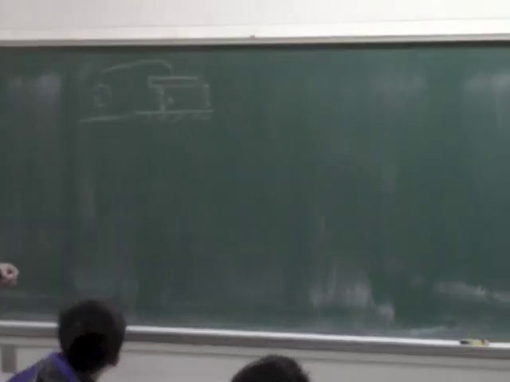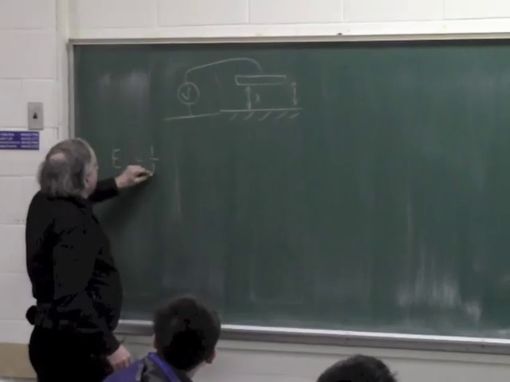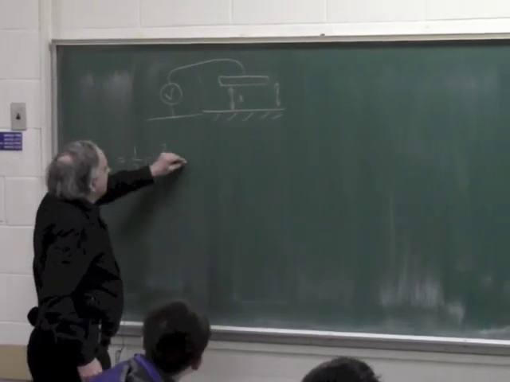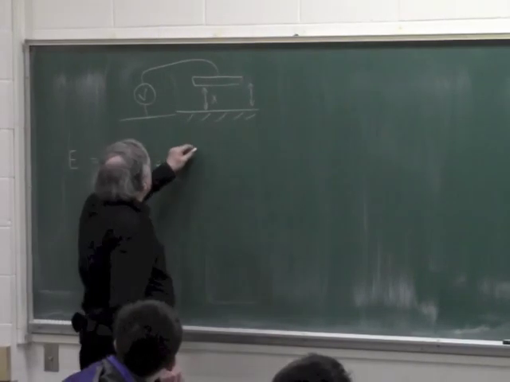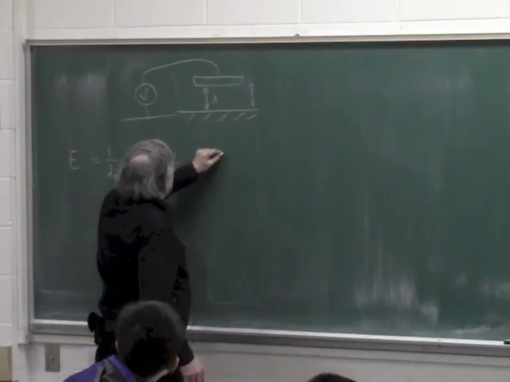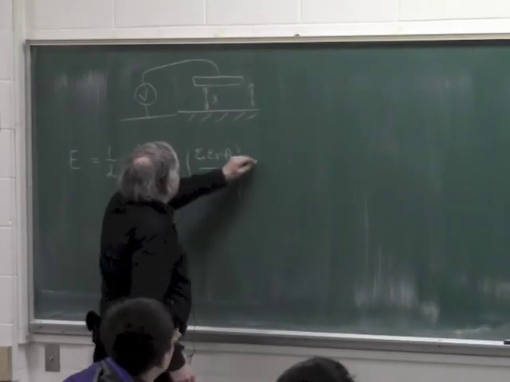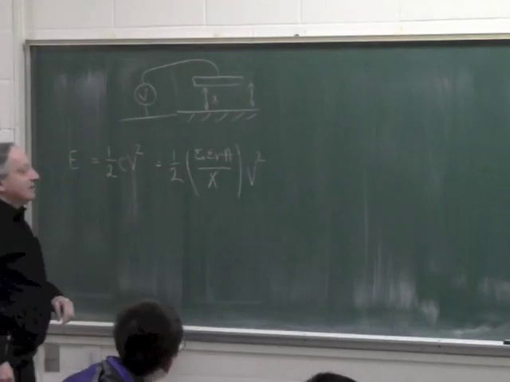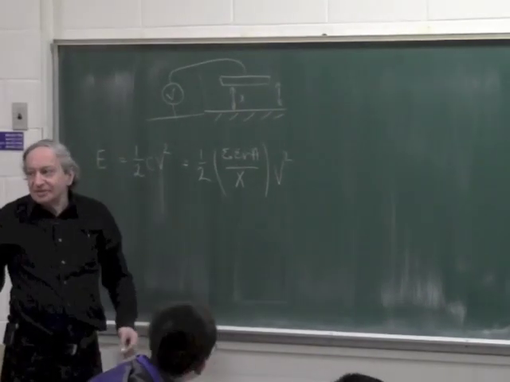Now this derivation is much faster because energy is 1/2 CV squared. We already started this last week. C we already know is epsilon 0 epsilon r A over x, times V squared. In most cases epsilon r is 1 because it's in air.